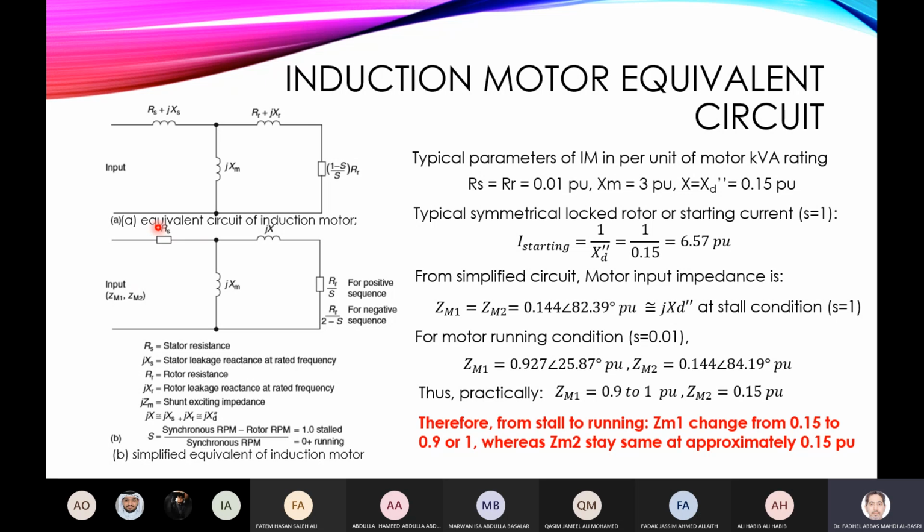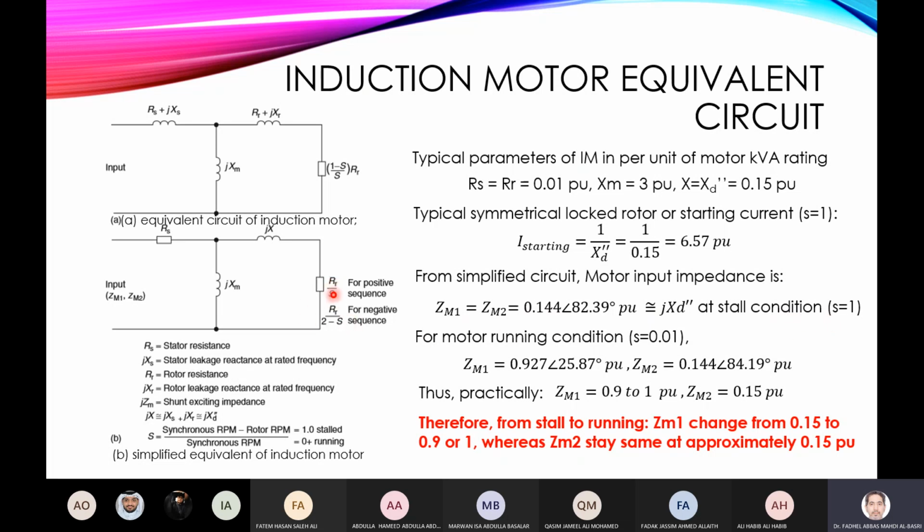Then I get ZM1, ZM2 as this value of 0.144 angle 87, which is approximately this value. So this is at stall conditions.